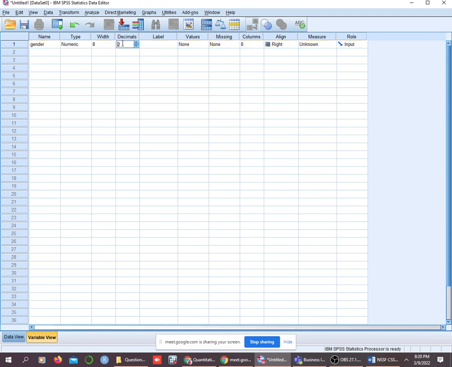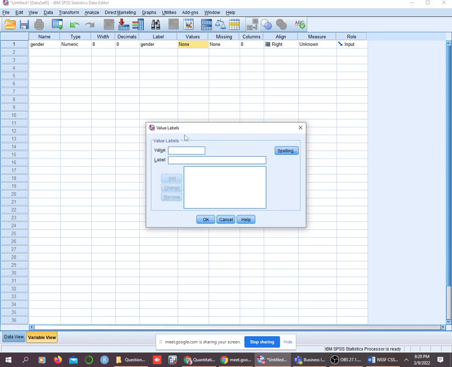For width, we know what it does, and for decimal, I will adjust to 0. Label is to give more information, so I'll just say gender. For missing values, I'll leave it at none because we're not anticipating any missing cases. For values, let the value of 1 represent the males, and let the value of 2 represent the females, and then I add.